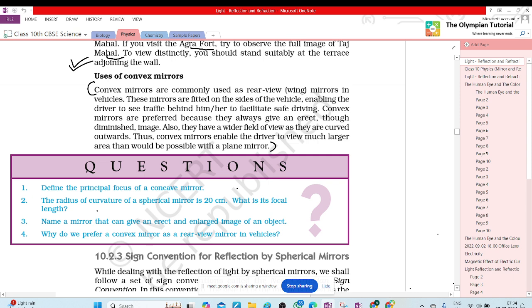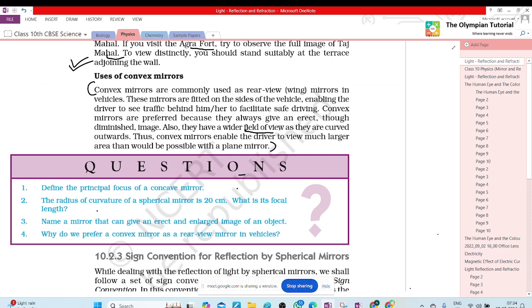These mirrors are fitted on the sides of the vehicle, enabling the driver to see traffic behind him or her to facilitate safe driving. Convex mirrors are preferred because they always give an erect, diminished image and a wider field of view, because they are curved outwards.